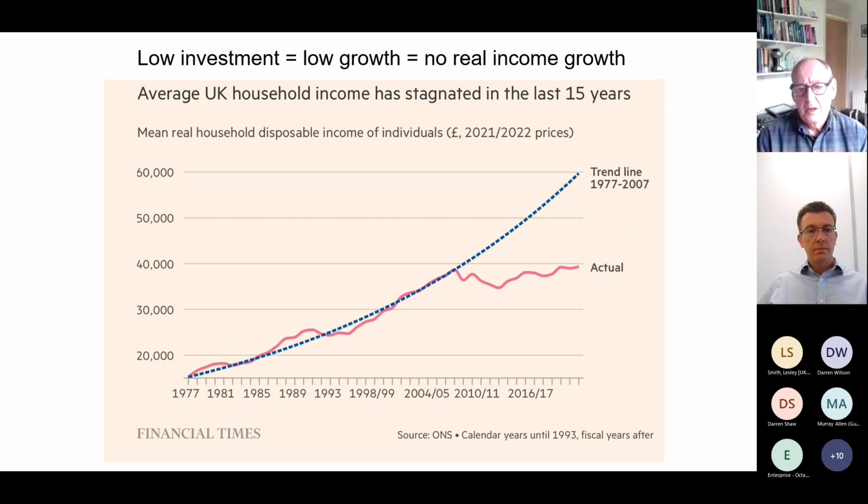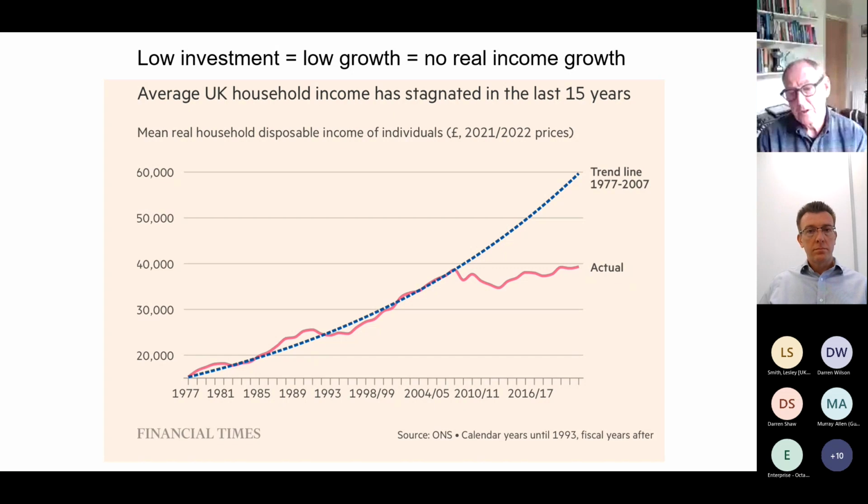If you don't invest, you don't get growth. And if you don't get growth, real incomes don't rise. And there you see it. If investment spending had continued at the trend established up to 2007, we would be a lot better off.